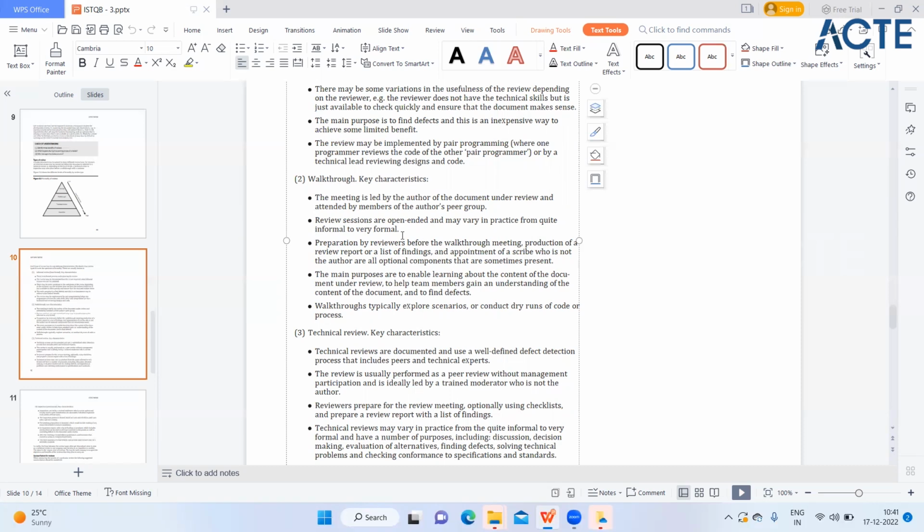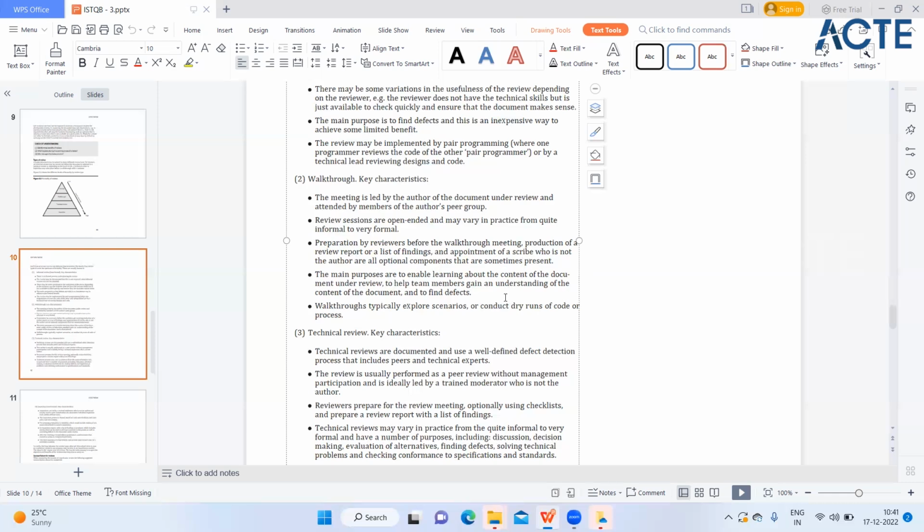It's not informal, it's formal, in which the author is the main person who decides everything and conducts the meetings. Preparation by reviewers before the walkthrough meeting, production of a review report or a list of findings, and appointment of a scribe who is not the author are all optional components that are sometimes present.